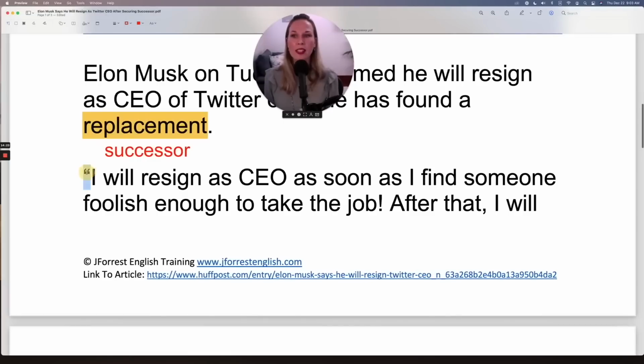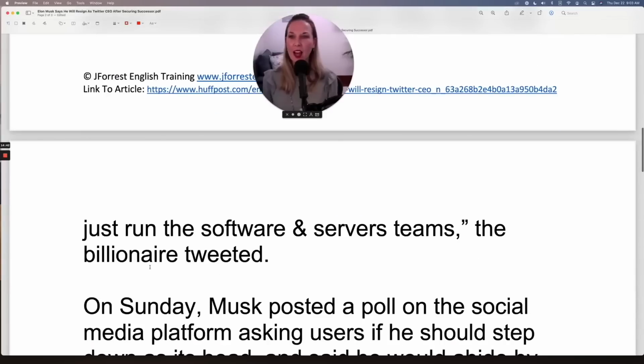So notice it's in a quote, which means these words are coming from Elon Musk's mouth. He said these words. I will resign as CEO as soon as I find someone foolish enough to take the job. After that, I will just run the software and servers teams, the billionaire tweeted. Okay, so he tweeted this, but it's still coming from him directly.